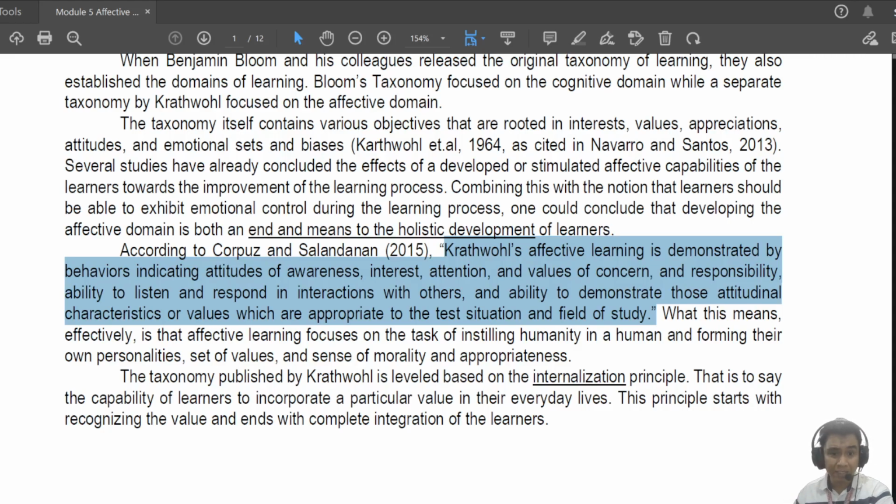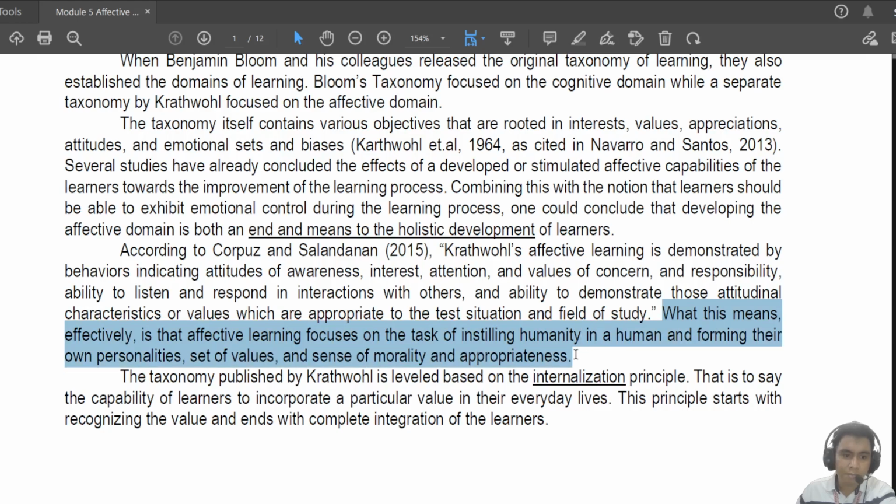So dito na po nakapasok lahat ng ating personality when it comes to a particular situation. How do you respond to the situation? How do you value a situation? Etc. etc. So the overall process of the affective learning is to instill humanity in a human.